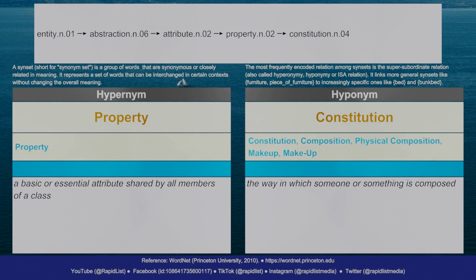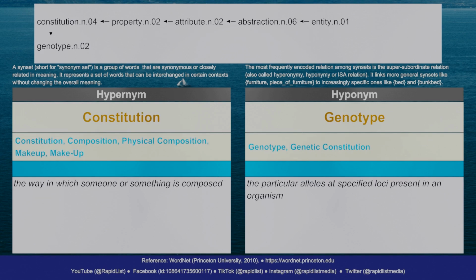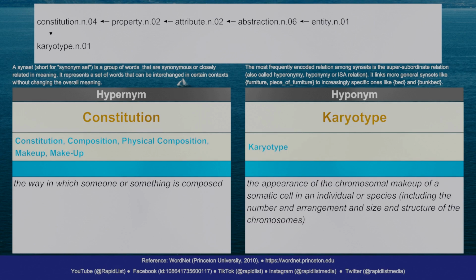Constitution. The way in which someone or something is composed. Genotype. The particular alleles at specified loci present in an organism. Karyotype.